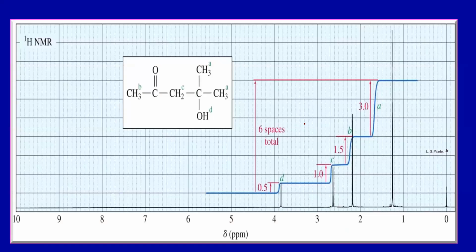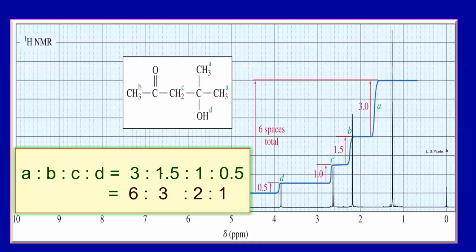Take for example this one, the ratio will be like this. But if you make them all whole numbers, multiply with 2: 1, 2, 3, 6. So 1 proton, 3 protons, 2 protons, and 6 protons. These two are equivalent. So 1 set, second set, third set, fourth set.